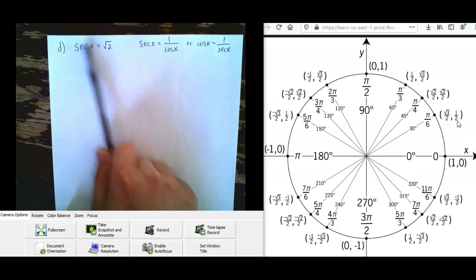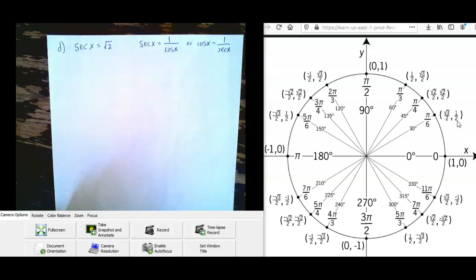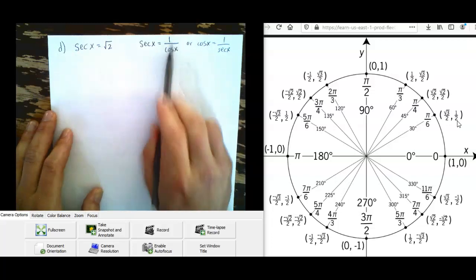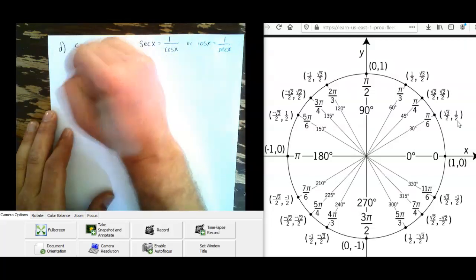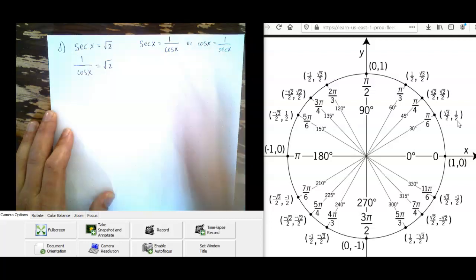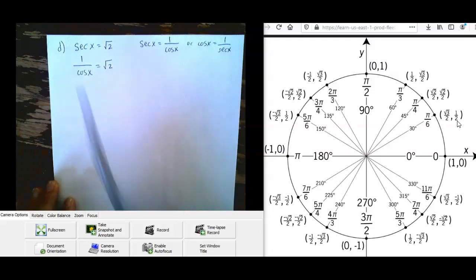Well, let's rewrite the secant in terms of cosine. So we know that secant of x can be replaced by 1 over the cosine of x equals the square root of 2. Just like we did in the last example for tangent, we try to get things in terms of cosine or sine so that we can utilize this unit circle.